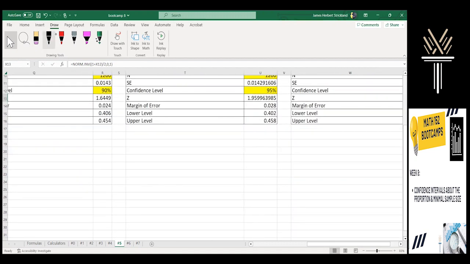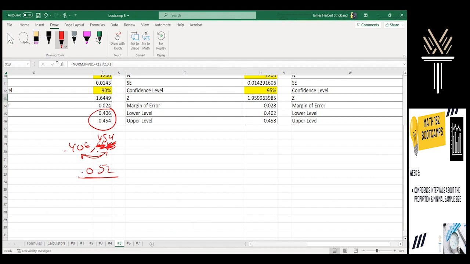Currently, with a 90% confidence interval, it's between 0.406 and 0.454. If I subtract those two numbers, it has a range of around 0.052. So it's about a 5% distance between these numbers, 40 to 45.